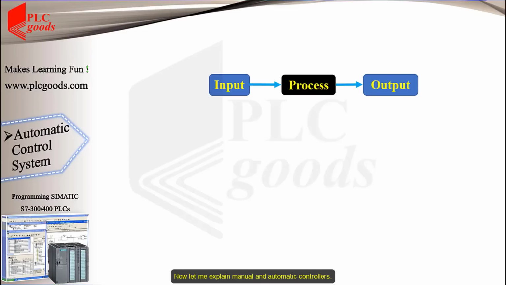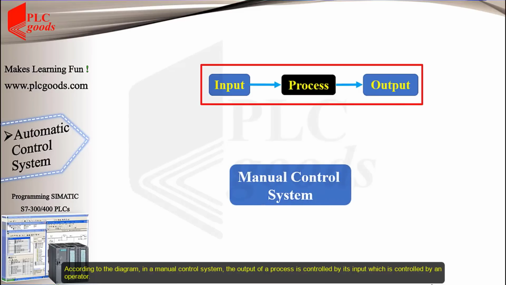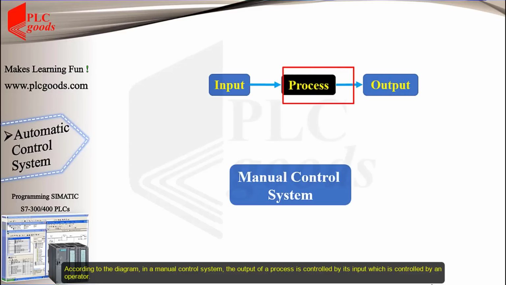Now let me explain manual and automatic controllers. According to the diagram, in a manual control system, the output of a process is controlled by its input, which is controlled by an operator.